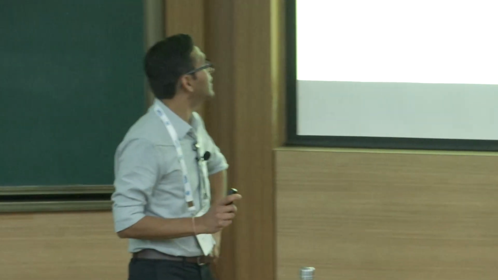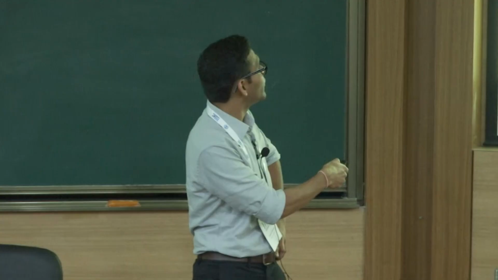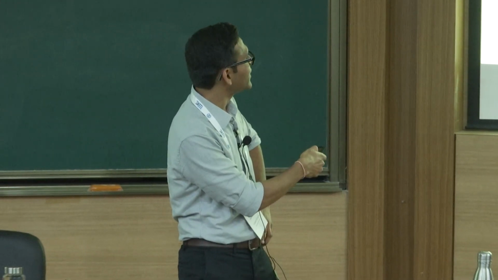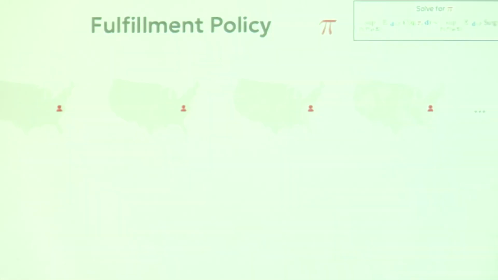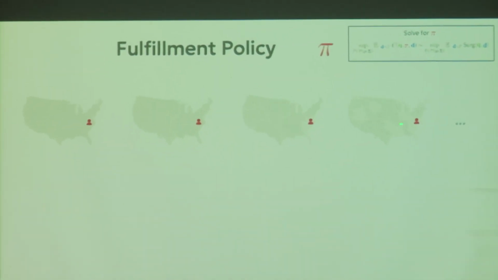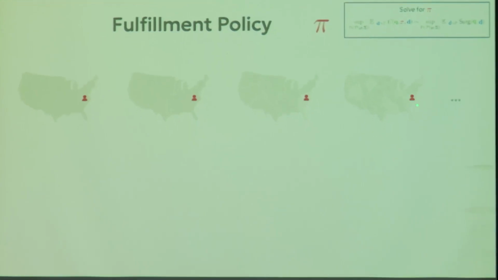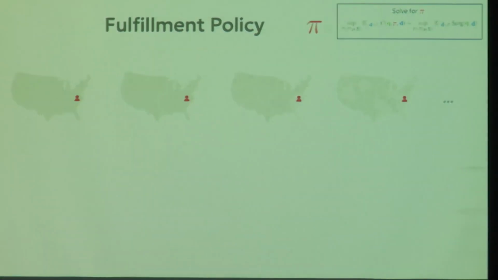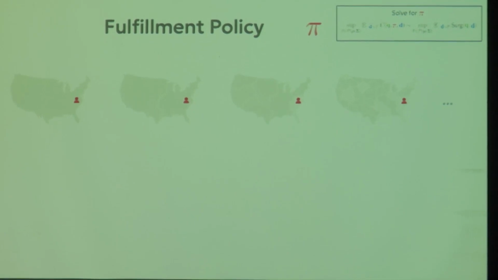So here I denote the demand: the red customer is the demand. Now I denote the inventory. Let's consider a fixed given inventory. Here I have these clusters which are shaded off, which means there is no inventory in that cluster at this point.